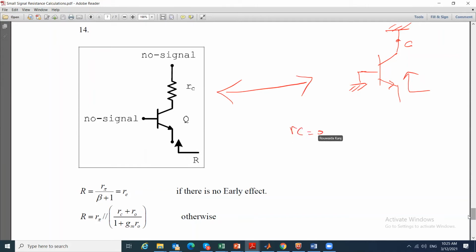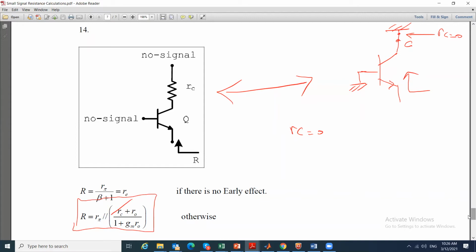So here I have a resistance, but what is its value? 0. It is shorted, right? So automatically I remove RC, it is 0. So here I get RO over 1 plus gm RO, and I plug in the equation. This would be the effective resistance that I see.